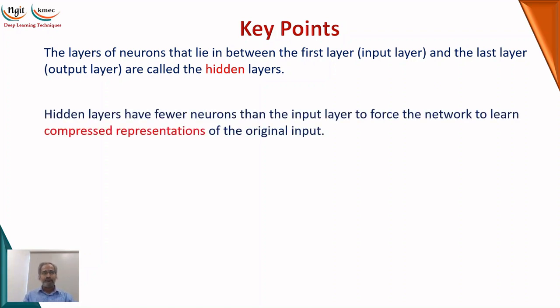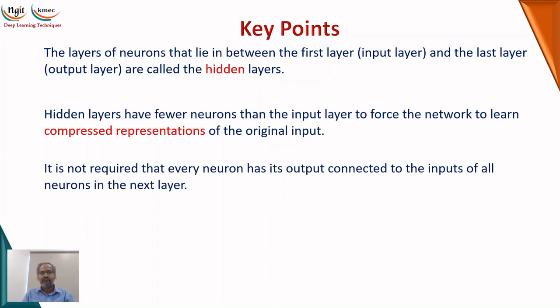And one more thing: in general, how many inputs are there? Let us say, for example, you have 10 inputs. The layers should be compressed layer by layer, so a compressed representation will be there for the network. This is not compulsory, but it is the better way of representation.